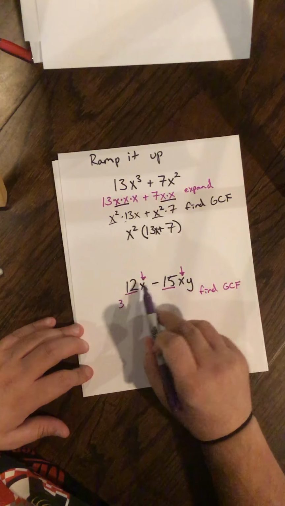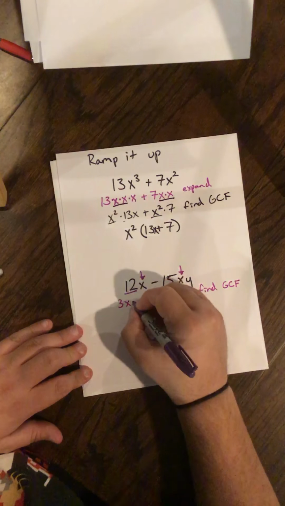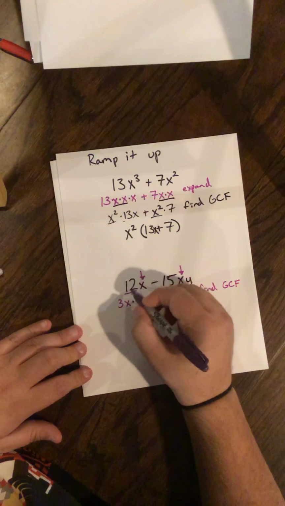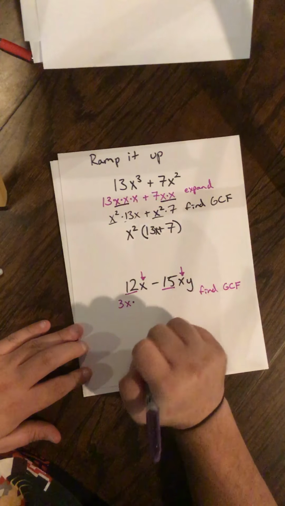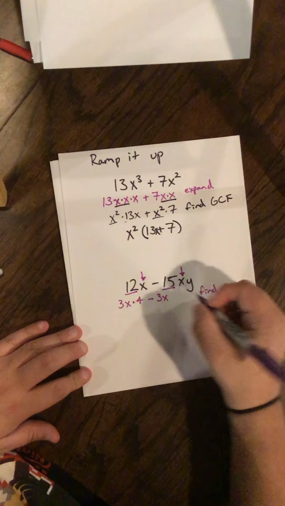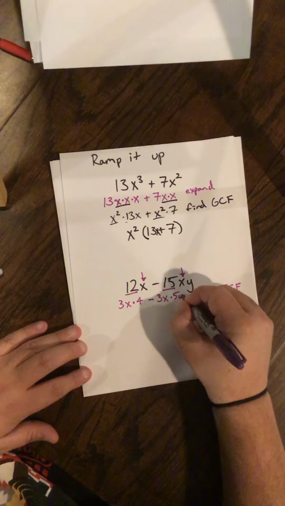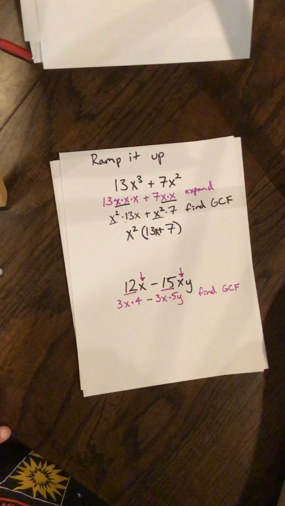But remember, there's an x in both of these things as well, so I'm going to have 3x as my factor, times, and then what's left over when you divide 3x out of this guy? It's going to be 4 minus, and then remember, the greatest common factor is 3x, so this will be times 5y.